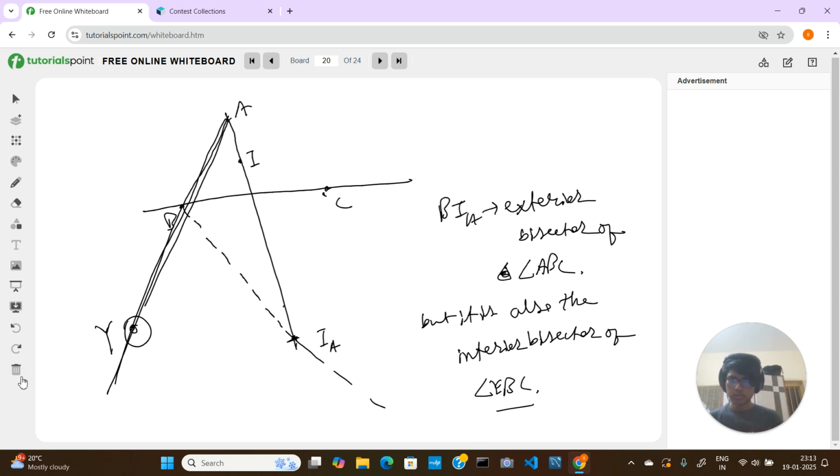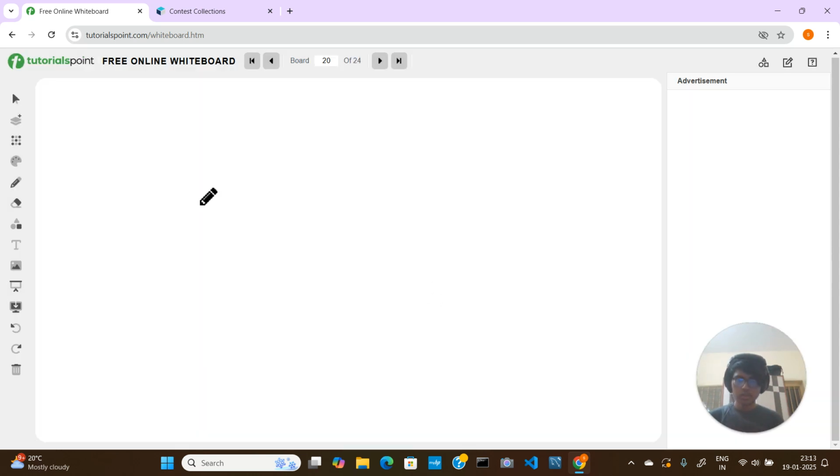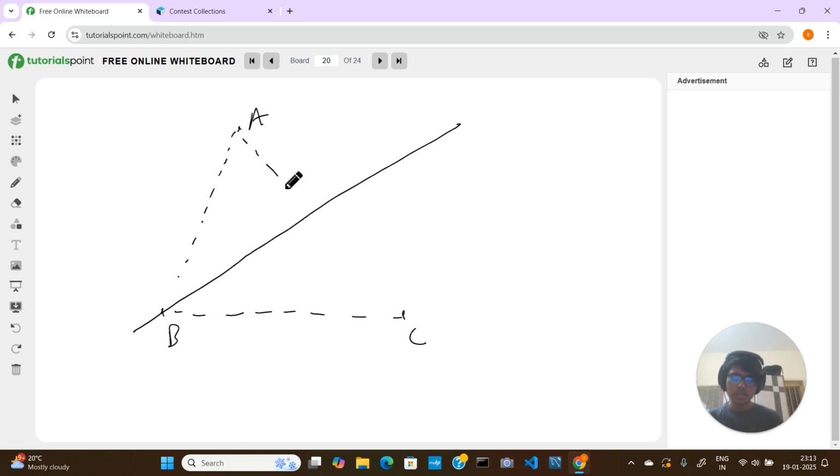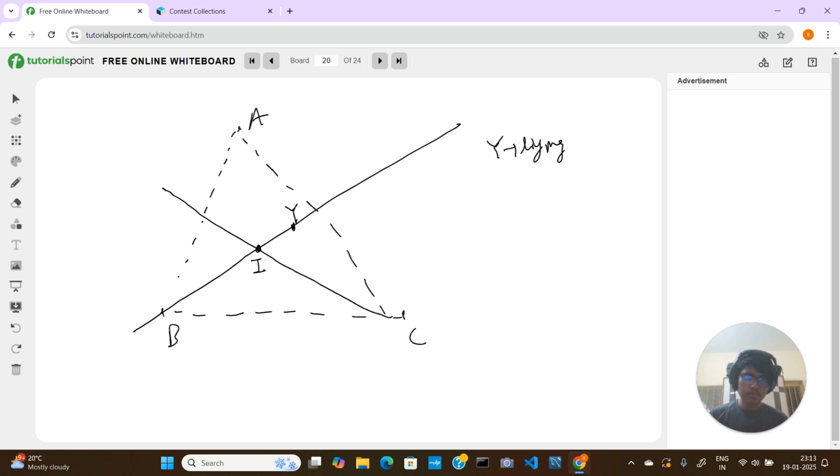So let's finish this. We have these 3 points A, B, and C. The lines AB, BC, CA are not given. We construct the bisector of angle ABC. We construct the bisector of angle ACB. They meet at a point I. And we have constructed a point Y lying on the extended line BI.